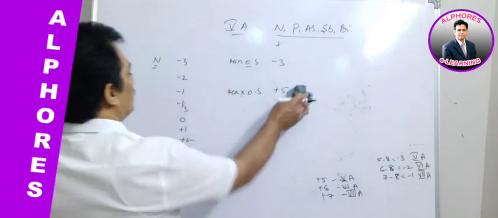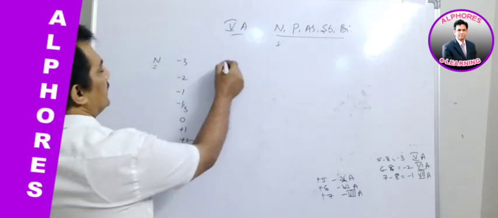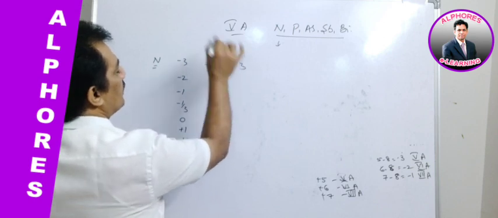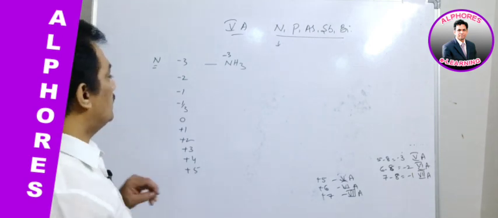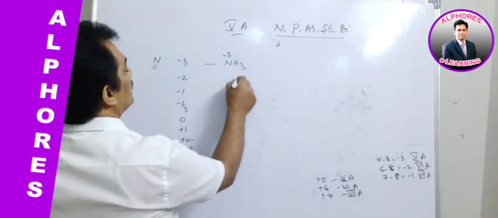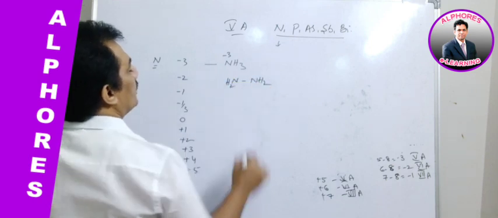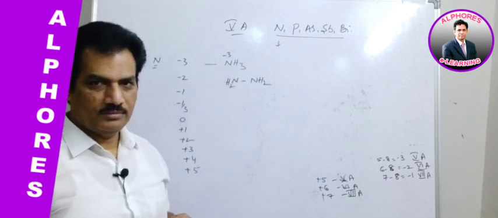Just you remember, for different oxidation states of nitrogen, NH3 is the best example where -3 oxidation state is observed. Clear? And -2 is observed when it is NH2-NH2. Dear students, I think you know NH3 is ammonia, is it not?